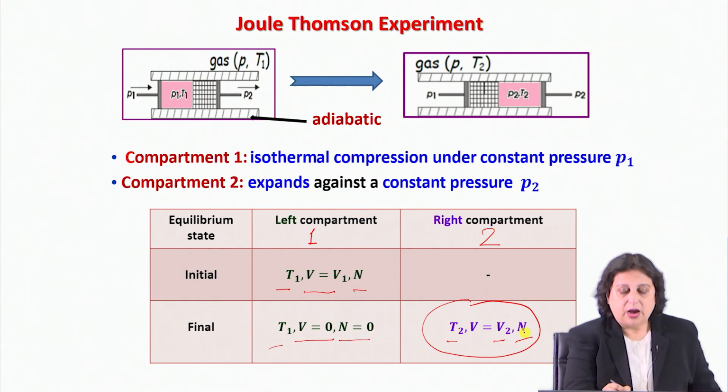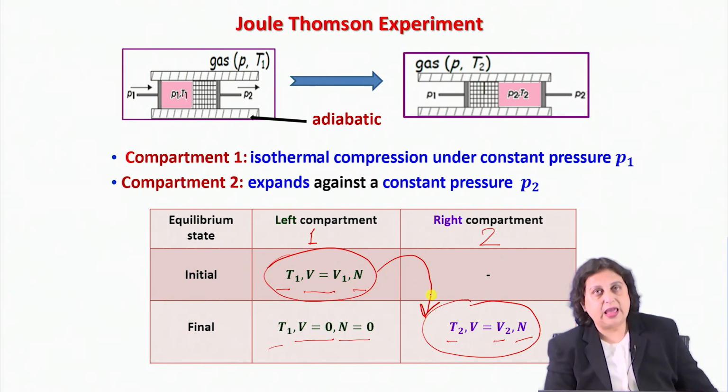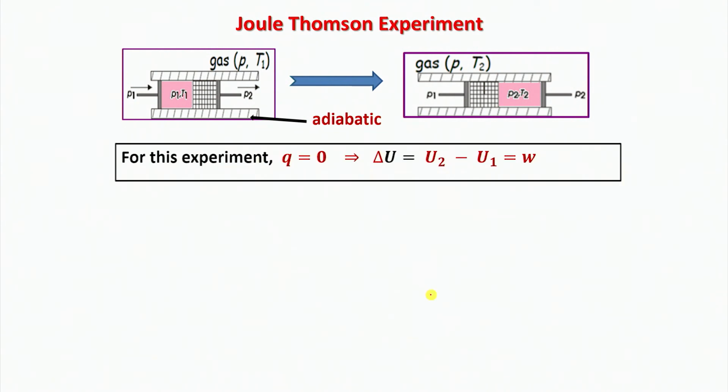And therefore, our question would be: this transition from this initial equilibrium state to this final equilibrium state of n molecules or n atoms of the gas from a region of high pressure to a region of low pressure, what kind of process is this? I wanted to have an isenthalpic process. So we are going to find out if this process is isenthalpic or not.